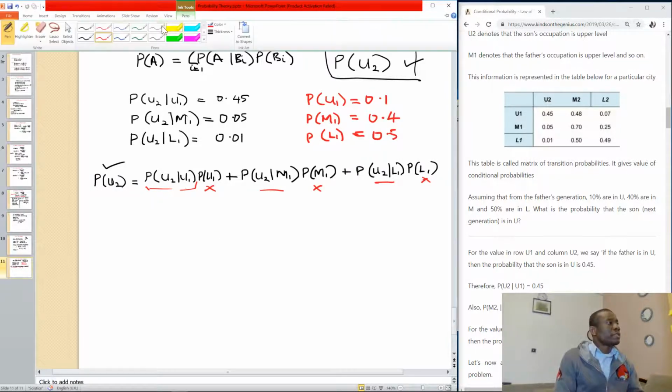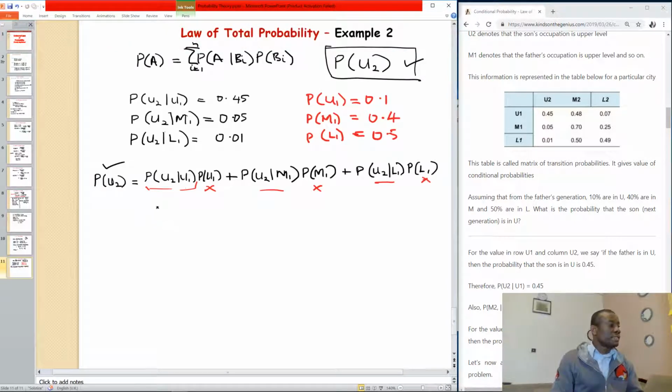So if we now multiply out what we have, we have 0.45 times 0.1, plus 0.05 times 0.4, plus 0.01 times 0.5.